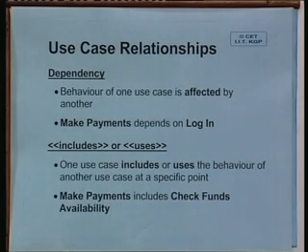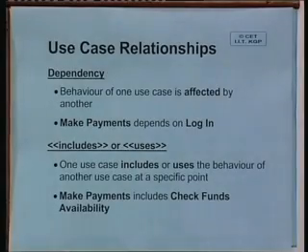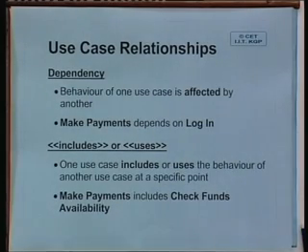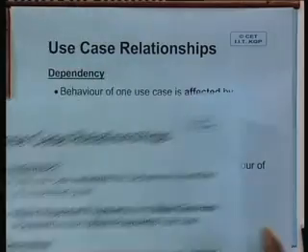As I said, when you are defining use cases, try to see some sort of chunks of activity, not just a single activity, alright. But sometimes, to make it even more understandable, you may have to go to the detailed description. So, you have make payments, and within that you may have check fund availability. So, these are called the includes or uses. We will explain this after some time.